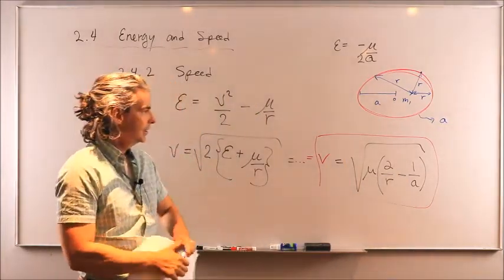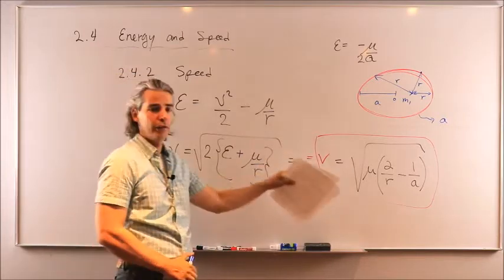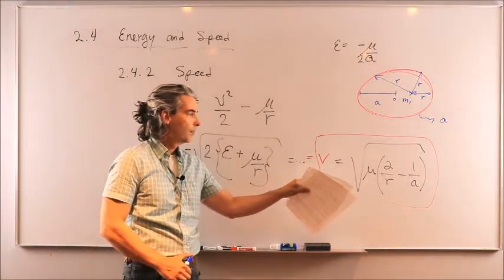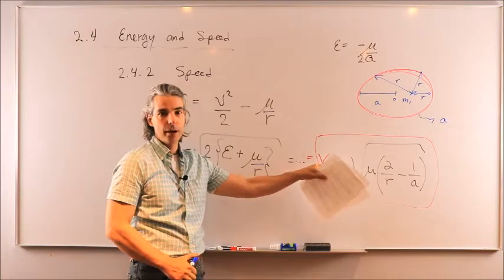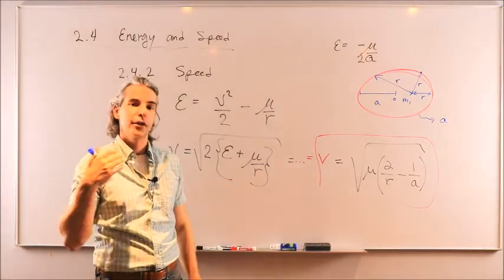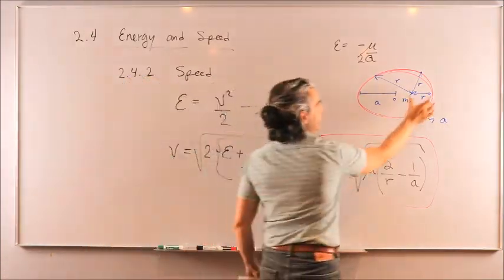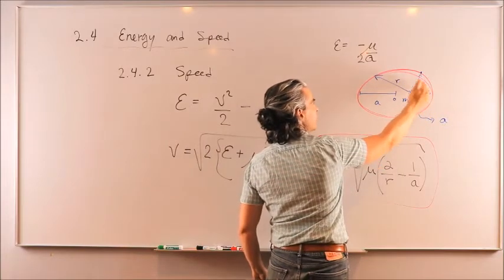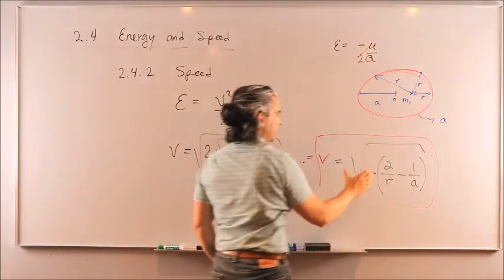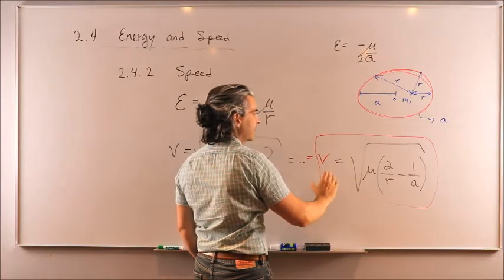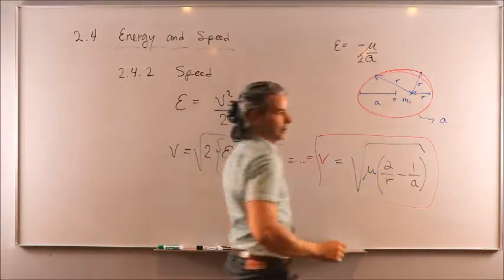So this is the equation equivalent to the orbit equation, but in terms of speed, right? Remember that the orbit equation was there to give us the distance as a function of the true anomaly angle, but this one gives us the speed as a function of the distance.